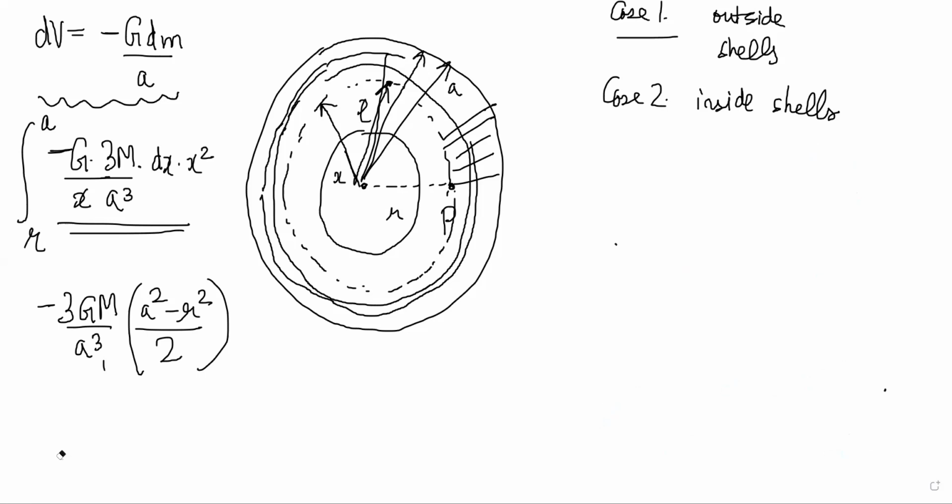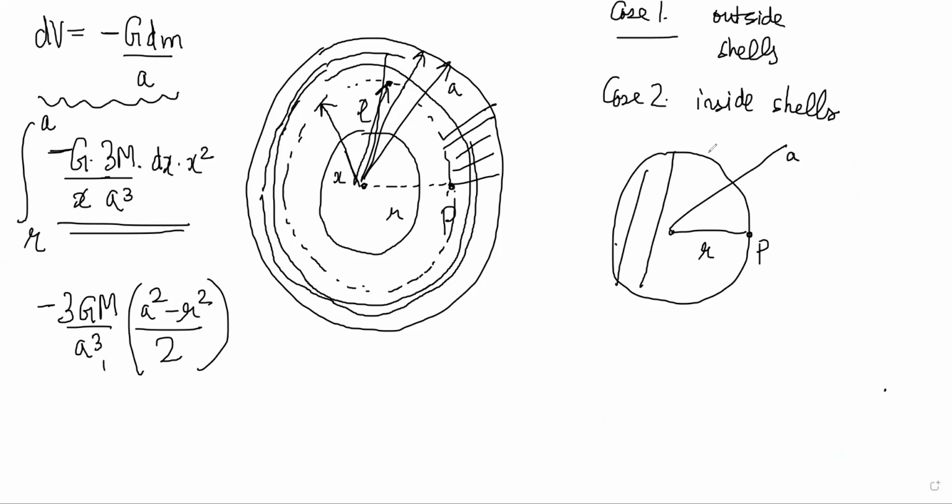If you are taking an inner part here and this is the point P, this is the distance r, total radius is a. So all of the inner part can be thought of from the previous case where we have derived solid sphere at a point P, right? The only difference is that the mass here is m dash instead of m.